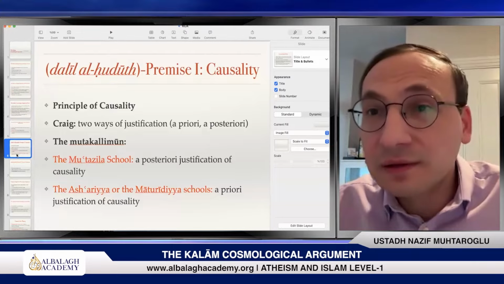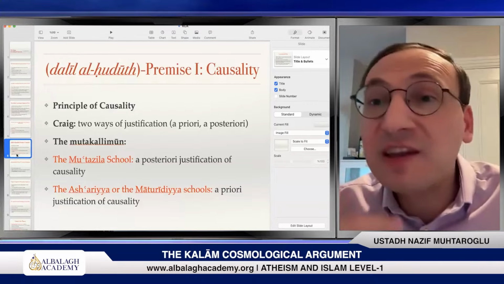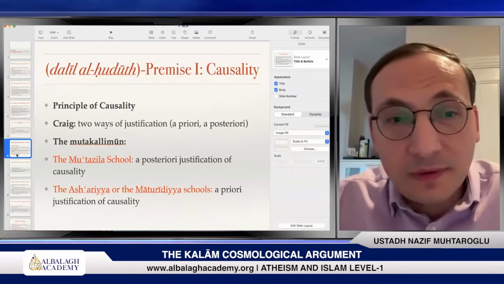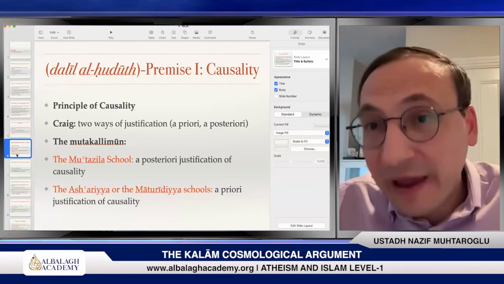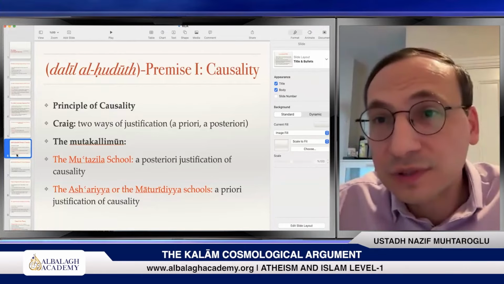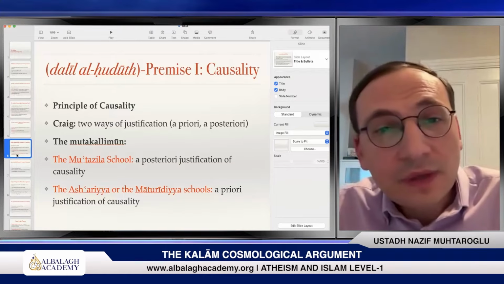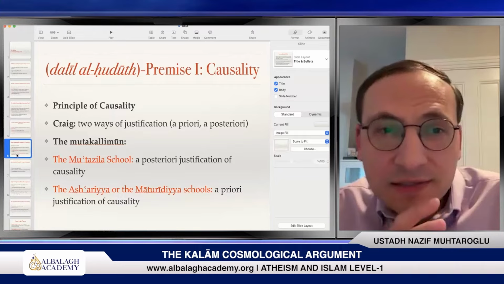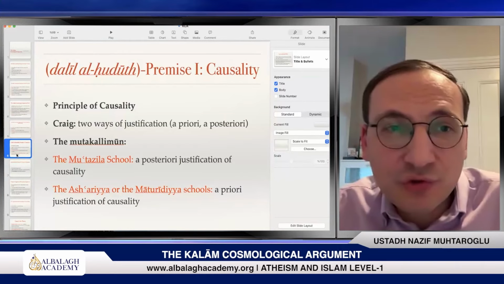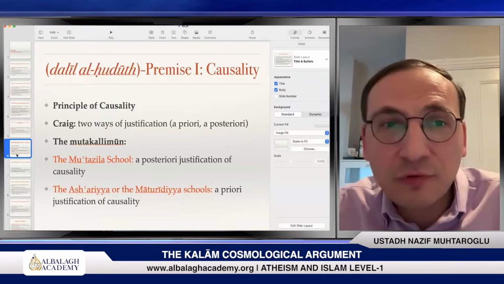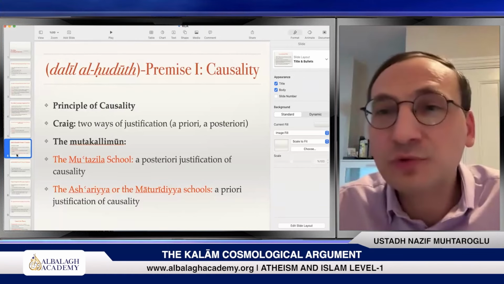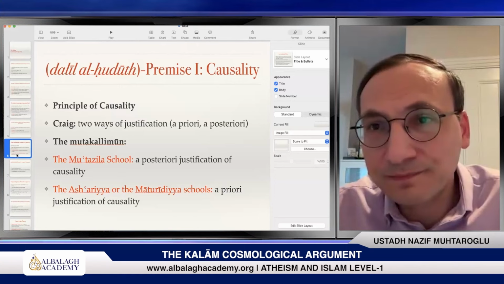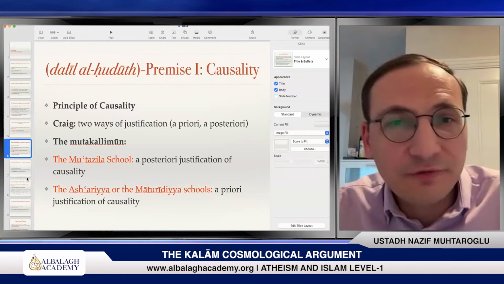Now you can see that will doesn't have inherent causality. If the will had an inherent causality, she wouldn't lose it. So, in a sense, Craig's justification of the principle of causality aligns more with the Mu'tazila school than the Ash'ari or Maturidi. This is the first premise.